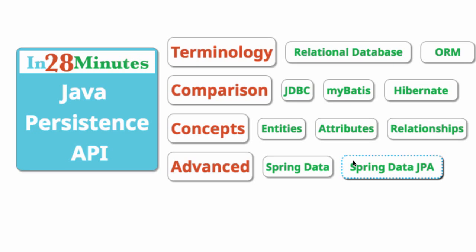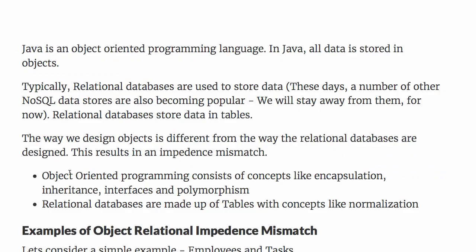The way we design Java programs is using object-oriented programming. So we use object-oriented concepts. However, on the database, we use something called normalization. Object-oriented programming typically consists of concepts like encapsulation, inheritance, interfaces, polymorphism, and things like that.